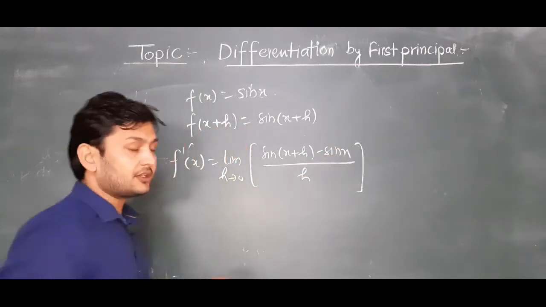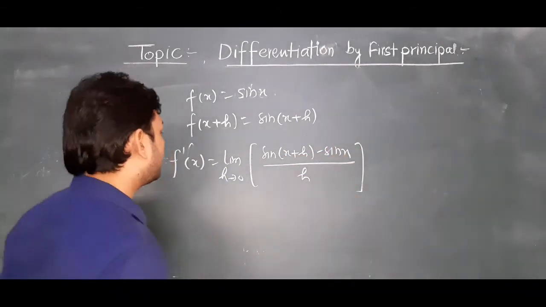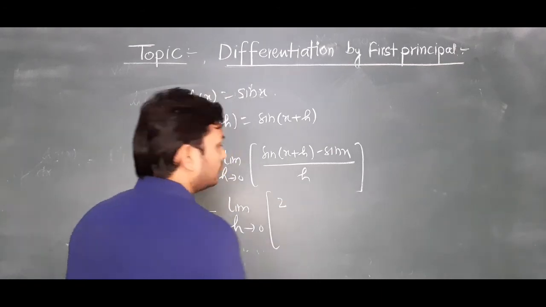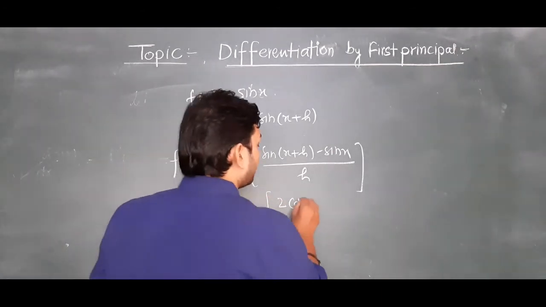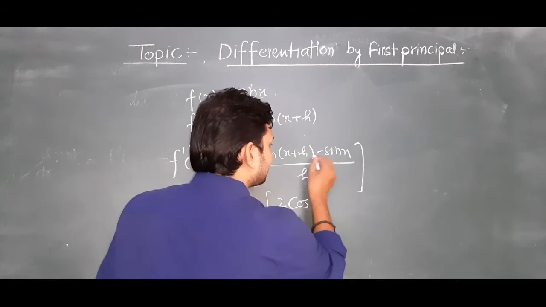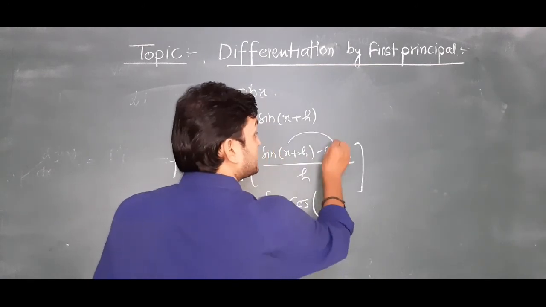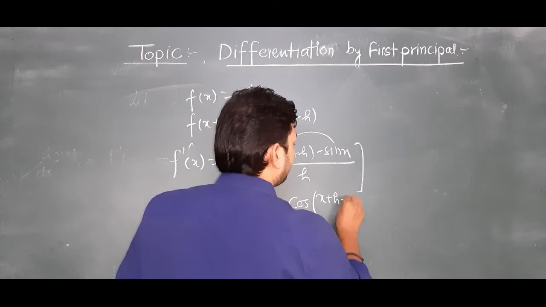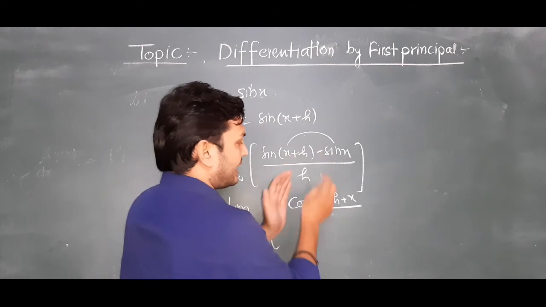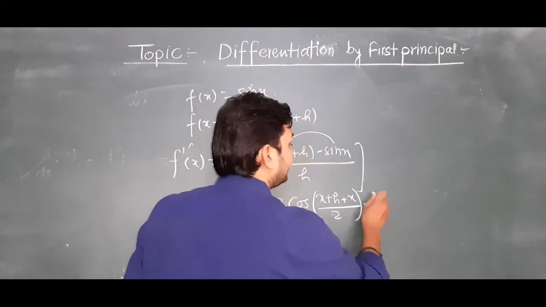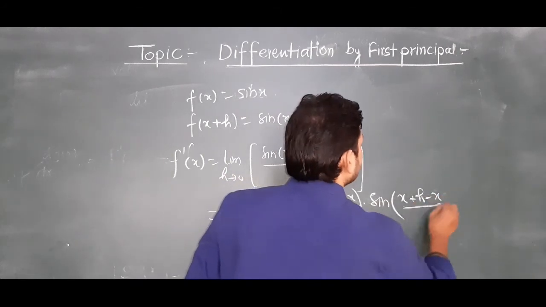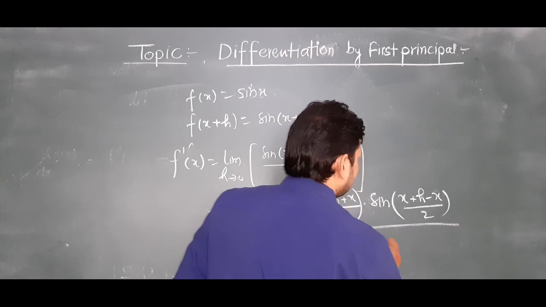Guys, you know from trigonometry that sin x minus sin y will equal 2 cos((x + y)/2) into sin((x - y)/2). So here, with x + h and x, we get the limit as h tends to 0 of 2 cos((x + h + x)/2) into sin((x + h - x)/2), upon h.